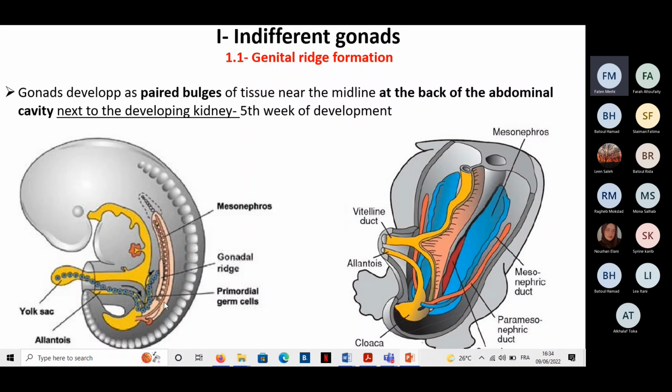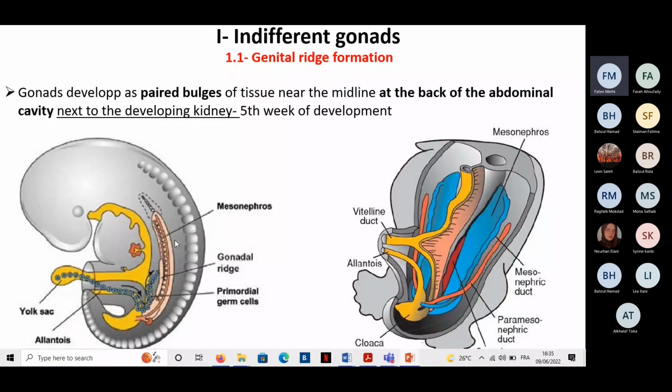Now, we have the mesonephros kidney in the fetus, but this will disappear later and be replaced by the metanephros kidney, which will be the functional kidney and will remain in the later stages of development.